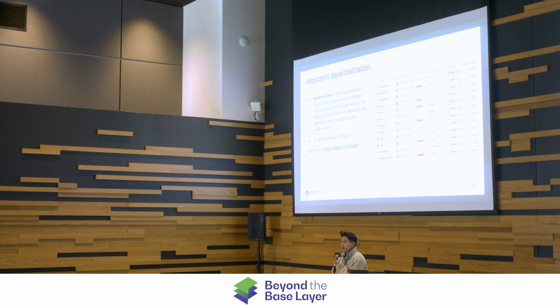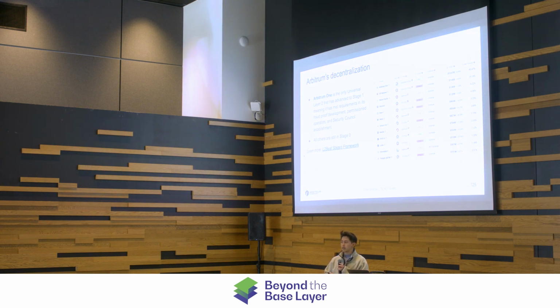Arbitrum is a mature tech stack relative to other tech stacks. We are still along our decentralization roadmap. It's currently the only Stage 1 general purpose rollup that exists today, according to the Talix definition and on L2BEAT.